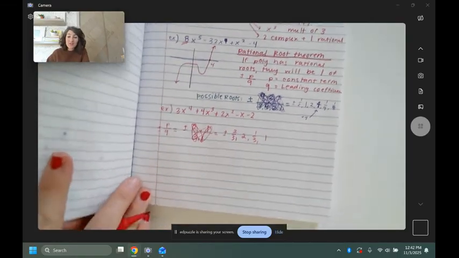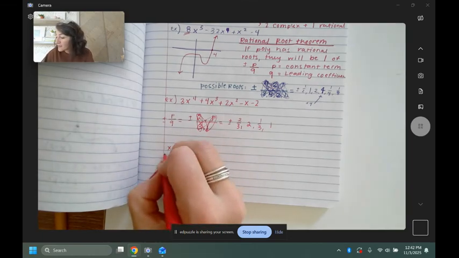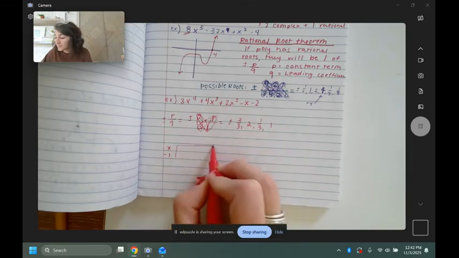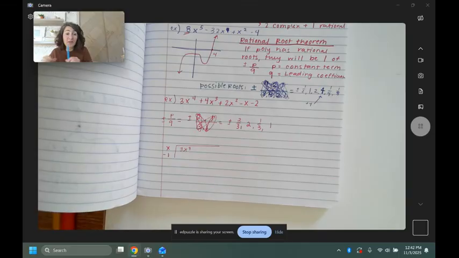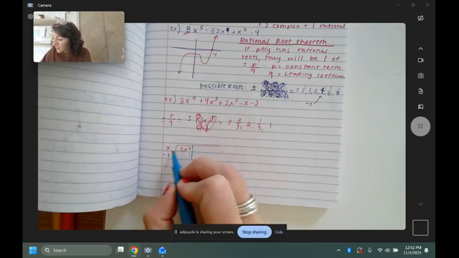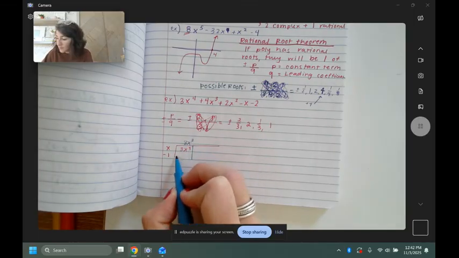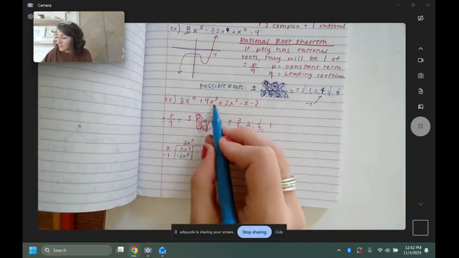I generally always start with 1 or negative 1 just to try it. So let's start with x minus 1. Let's see if that is a root to start. So I have my 3x to the 4th, and let's plug it in. The goal is if there's no remainder, then it is a factor. Okay. So what multiplies to 3x to the 4th? 3x cubed. Multiply it down. These two need to add to 4.